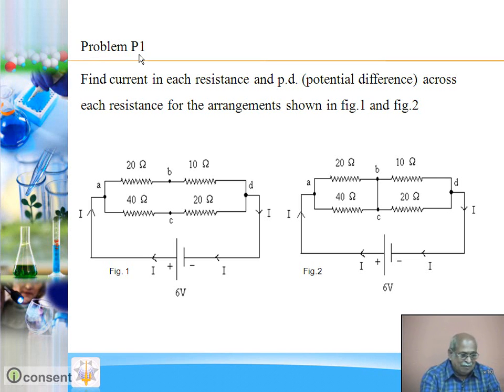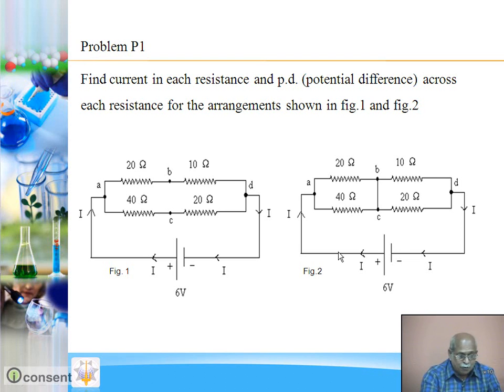Now consider this problem P1. Two figures are given to us, figure 1, figure 2. In each figure, you have to calculate current in each resistance and also potential difference across each resistance.